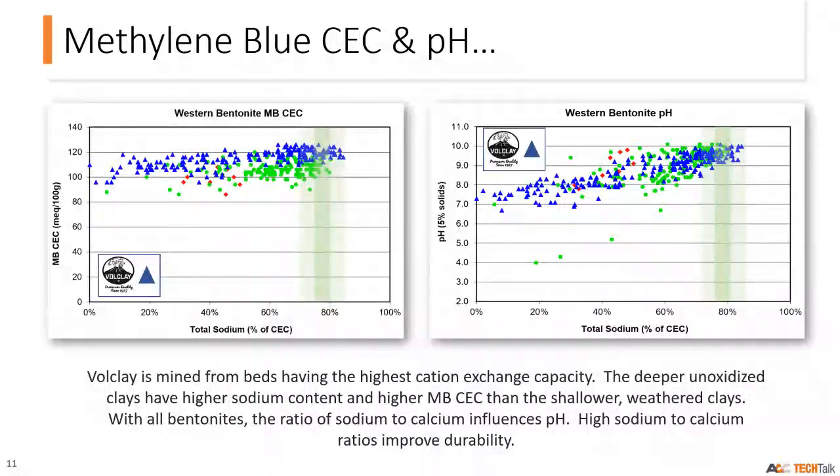But the relationship to each other is really what moderates that behavior. We know from extensive studies in mining at our Western plants that there's a sweet spot, especially for foundry properties, as to how much of the total cation exchange capacity is occupied by sodium versus calcium. And again, as Darren mentioned, that ratio, if you have more sodium dominant or more calcium dominant, will really influence a lot of the behaviors. And we can use that to our advantage in the foundry industry.